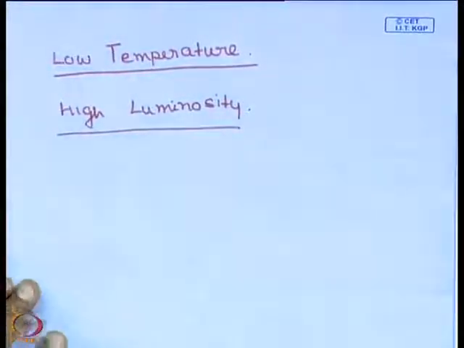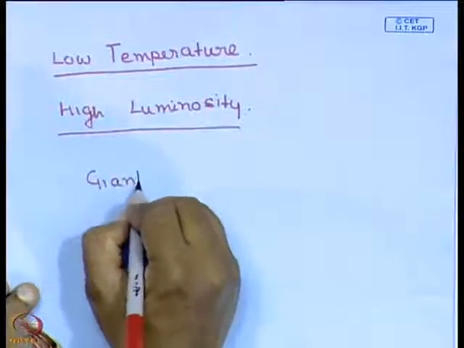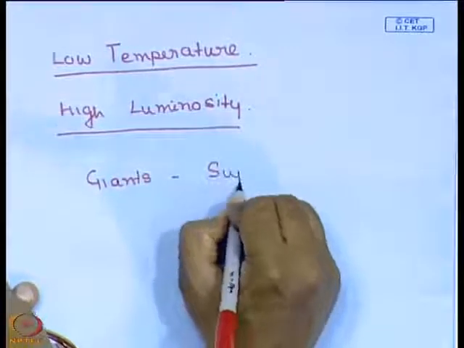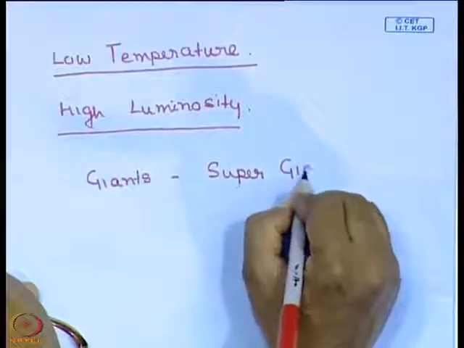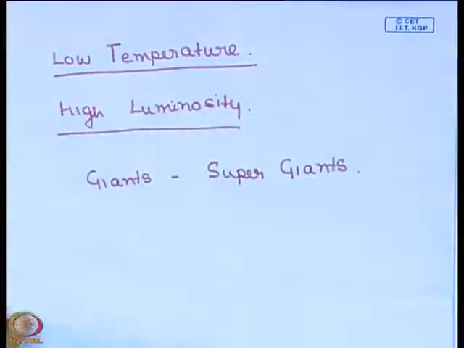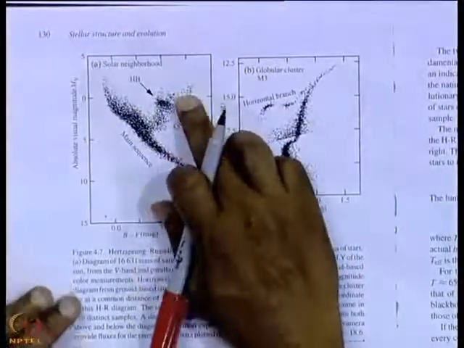These stars are what are called giants and supergiants. Okay, giants and supergiants. So these are stars which are not very hot, but they are extremely luminous.